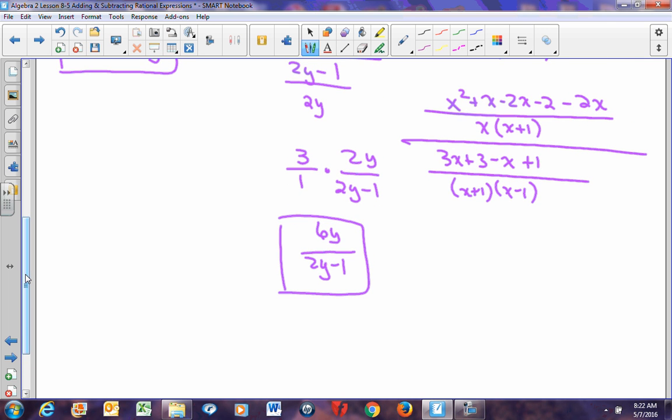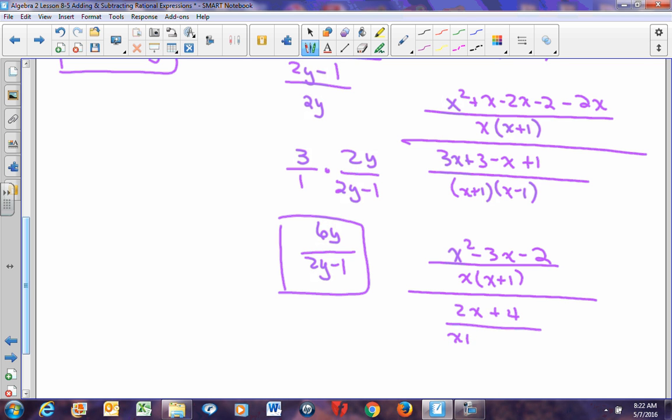So then if I simplify that top, I will get x squared minus 4x plus x is minus 3x minus 2 all over x times x plus 1. And then at the bottom, I will get 3x minus x is 2x, 3 plus 1 is 4, so 2x plus 4, all over x plus 1 times x minus 1.